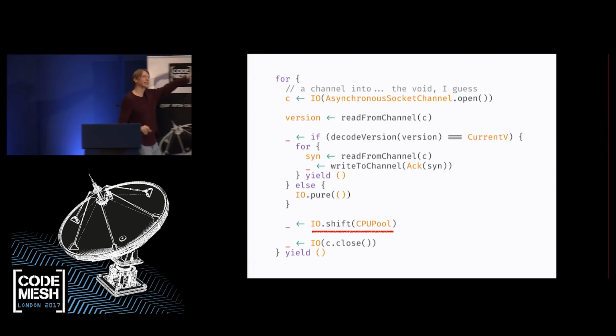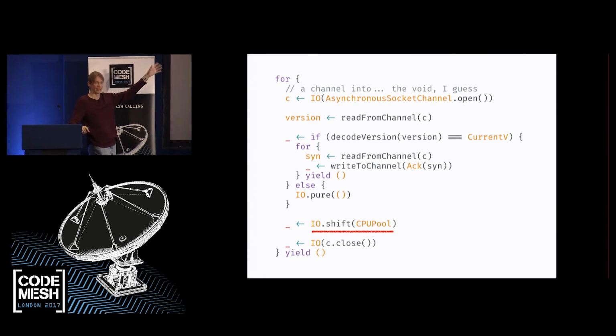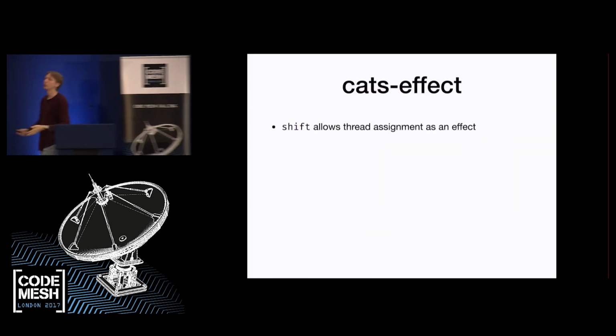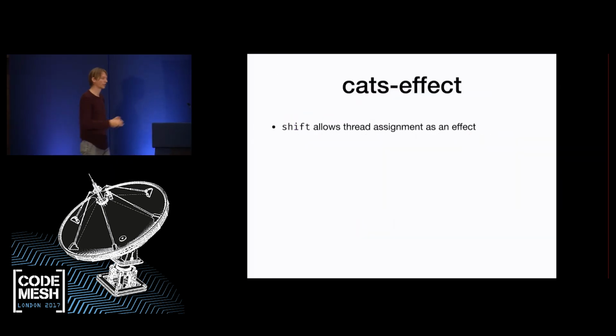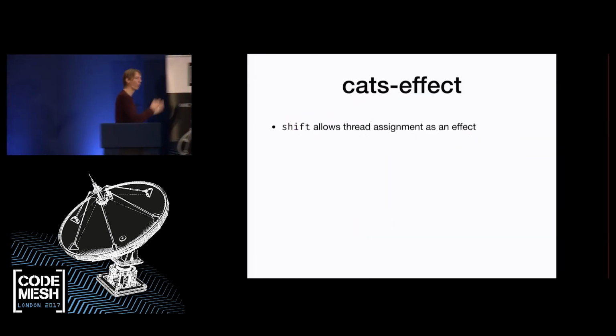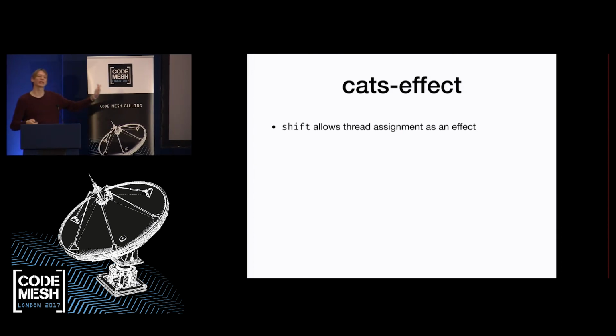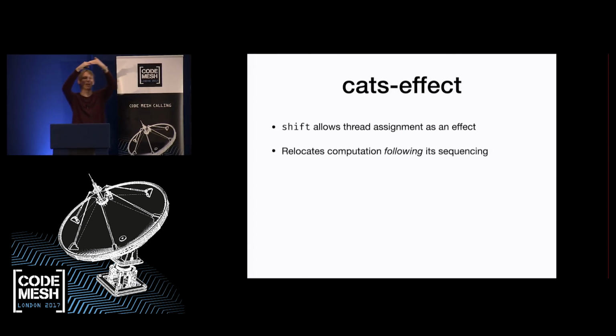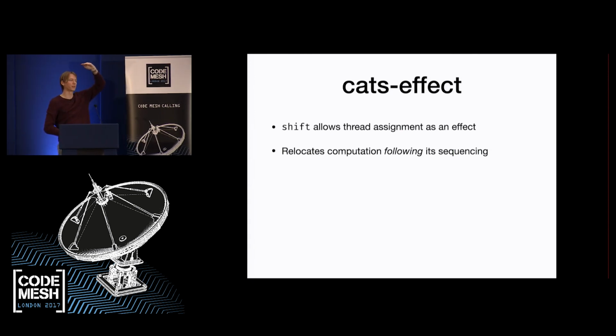And this actually completely solves the thread shifting problem, right? As the name suggests, it gives you an effect which moves you from one pool to another. Specifically, it relocates computation following its sequencing. Everything after it in the for comprehension will be on the pool you give, whereas everything before it might be on some other pool you don't actually know.